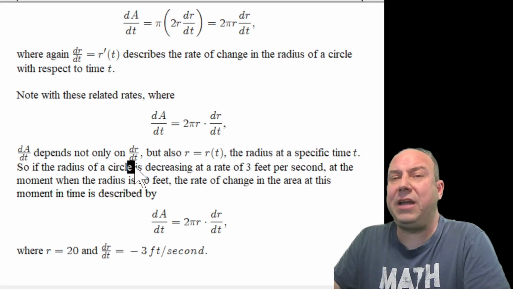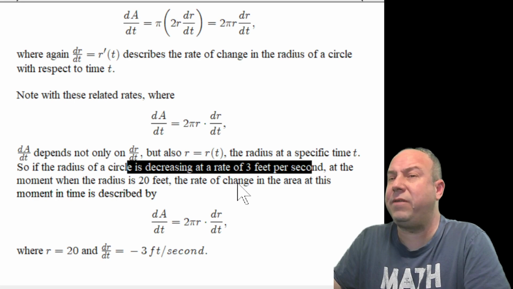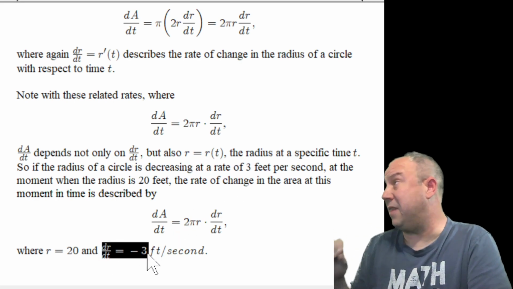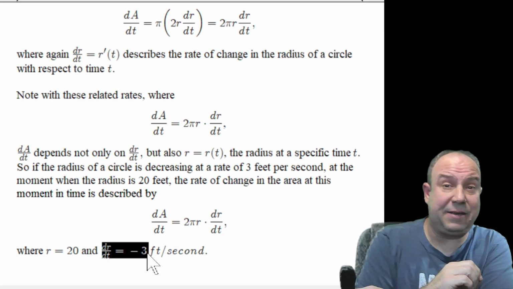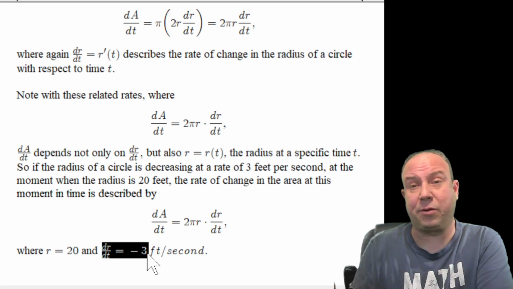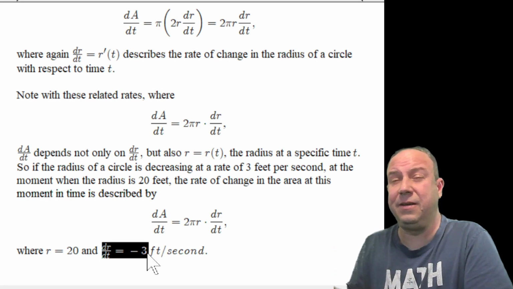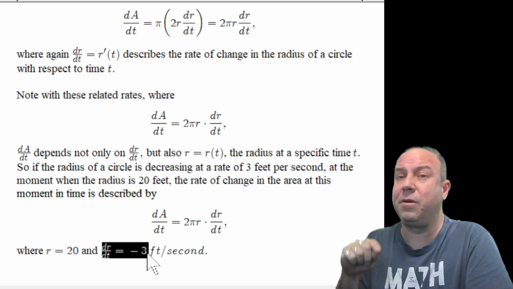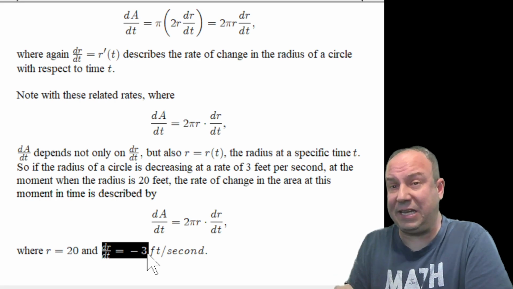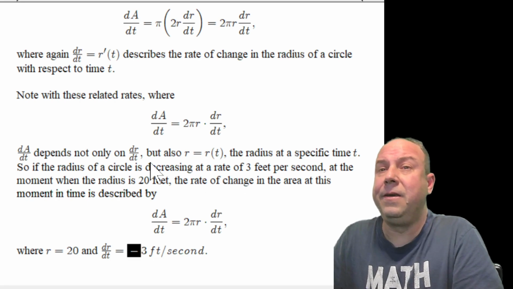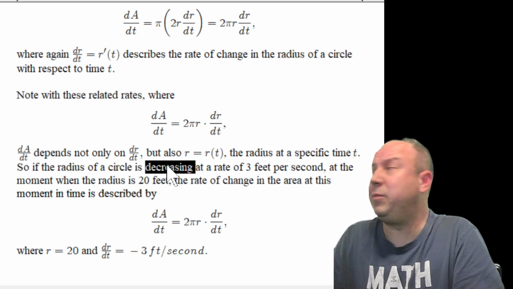And because the radius is decreasing at a rate of 3 feet per second, dr dt would be given by the value -3. -3 feet per second is highlighting a decrease in the radius by 3 feet per second. The negative highlights the decrease in this behavior.